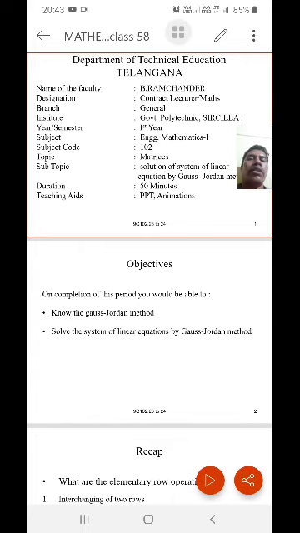Before listening to the video, first see the PPT, because the PPT is also available separately. Listen to the PPT and see the PPT and note down the problems which are in the PPT. Then you can see and listen to the video.